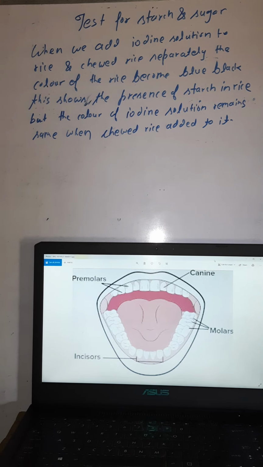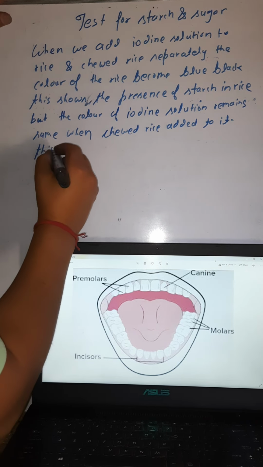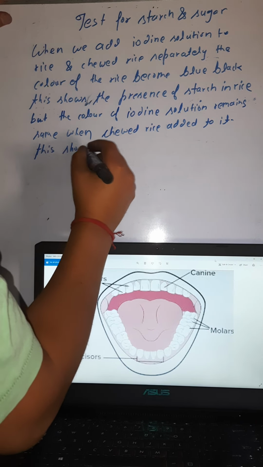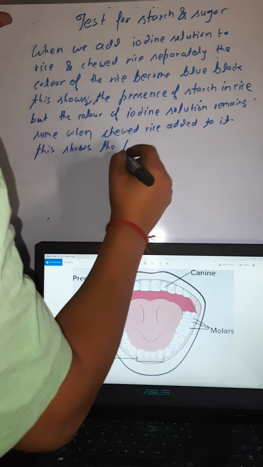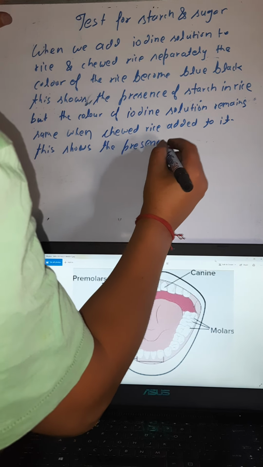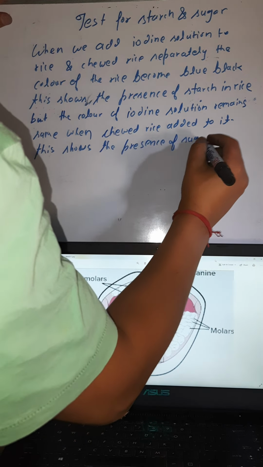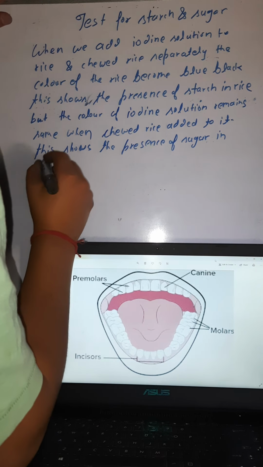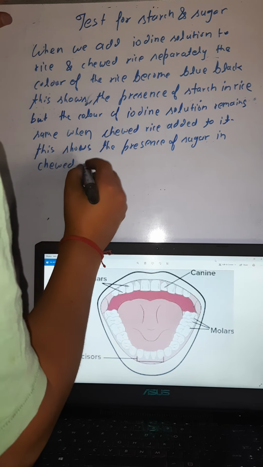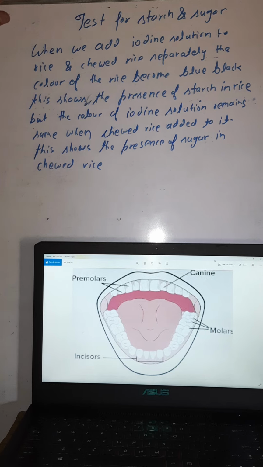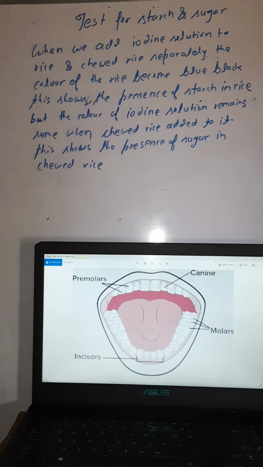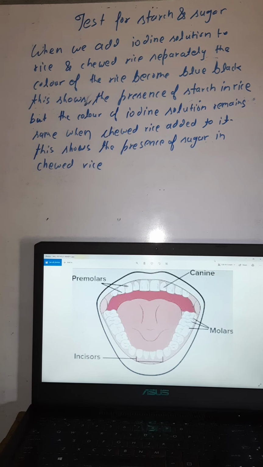This shows the presence of sugar in the chewed rice. This is how you can test the presence of sugar and the starch separately. Are you getting this?